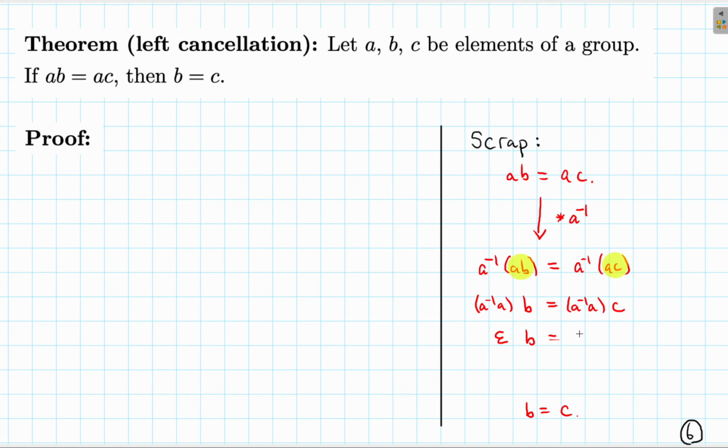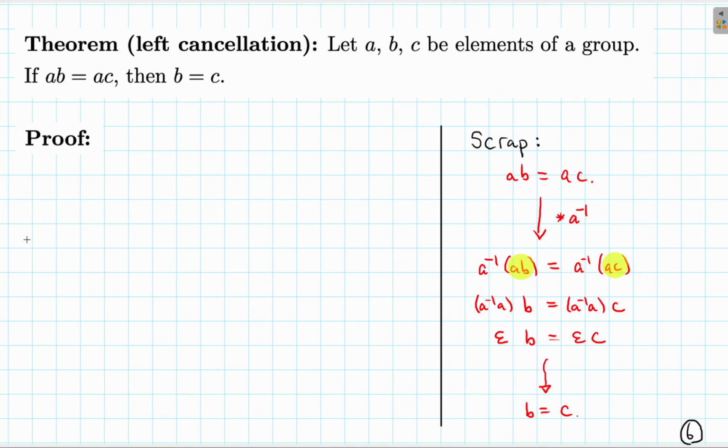So now the identity element shows up, and then certainly the identity element doesn't change anything, so epsilon times B is B, epsilon times C is just C. And so that is our scrap work, our proof outline, if you will. And so let's use that to write down our complete proof.